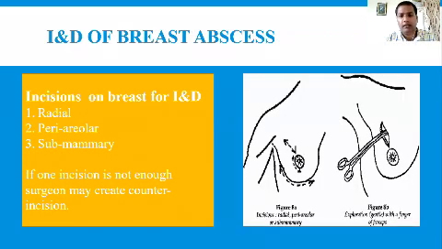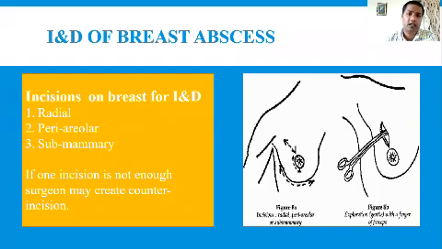The important thing is where you have to give the incision. There are three types of incisions advised in the condition of a breast abscess. First, the radial incision. Second, the peri-areolar. Third, the submammary. Every incision has its own importance.